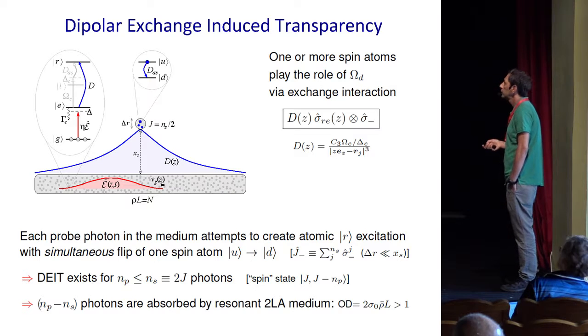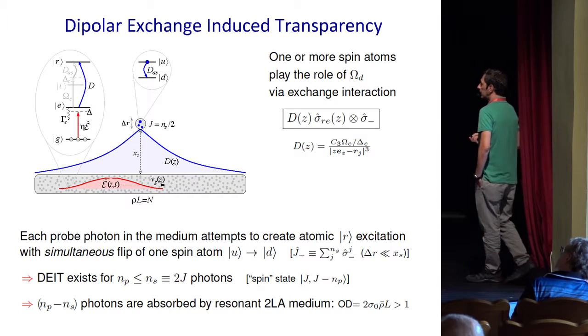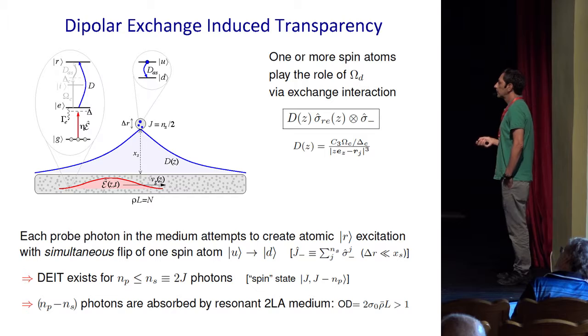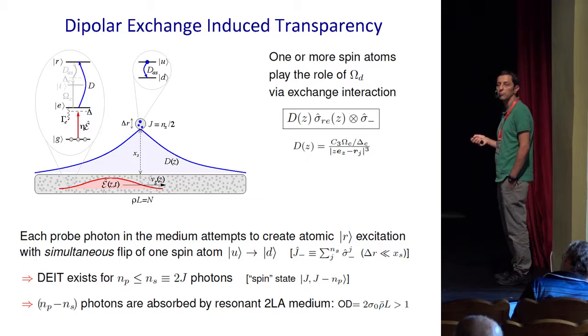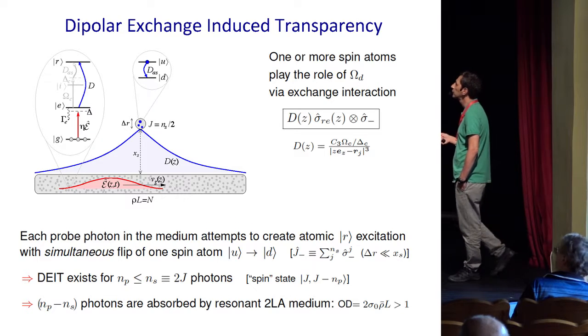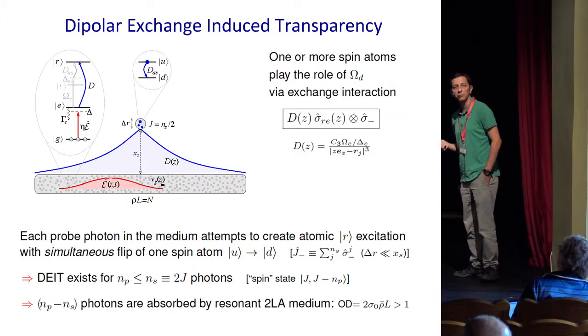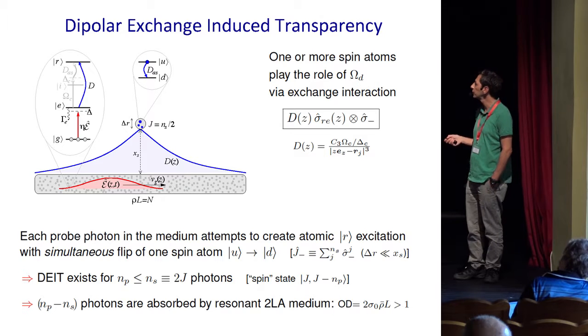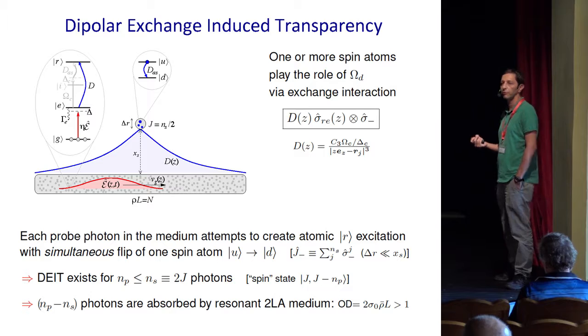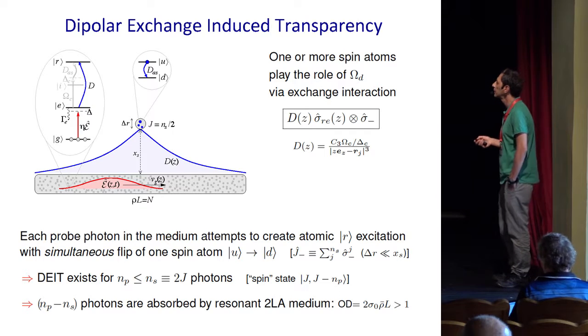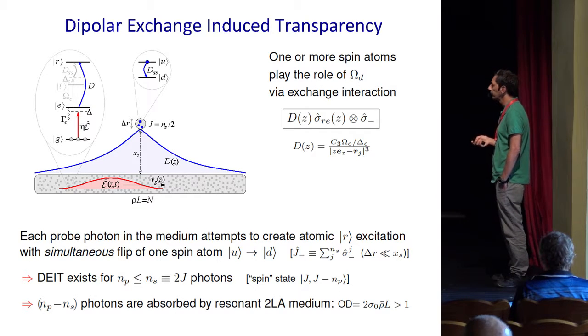So that means this dipolar exchange-induced transparency can exist only for a number of probe photons not larger than the number of spin atoms. The most practical case, of course, is a single atom in here. So I will have a transparent medium for one photon at a time. But when I send two or more photons, they will have to be absorbed because they are just seeing a two-level medium.